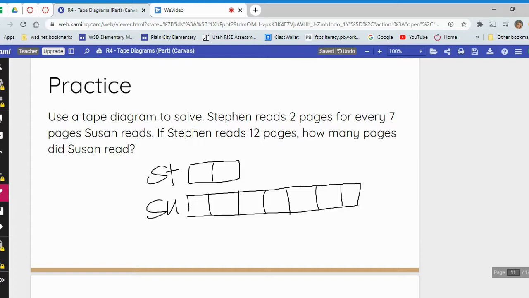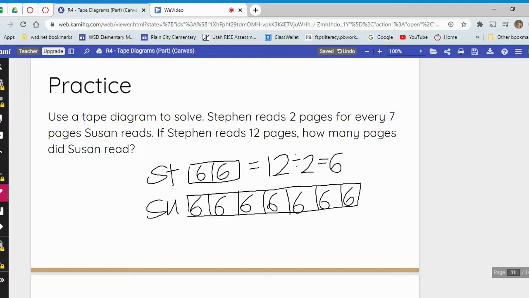Okay, if Stephen reads 12 pages, so 12 divided into these 2 sections, 12 divided by 2 is 6. So our section size is 6.